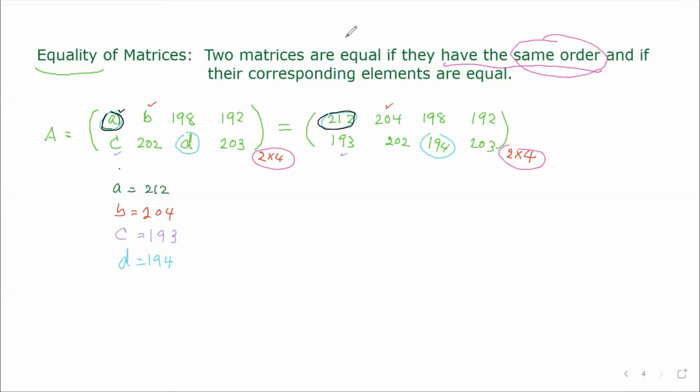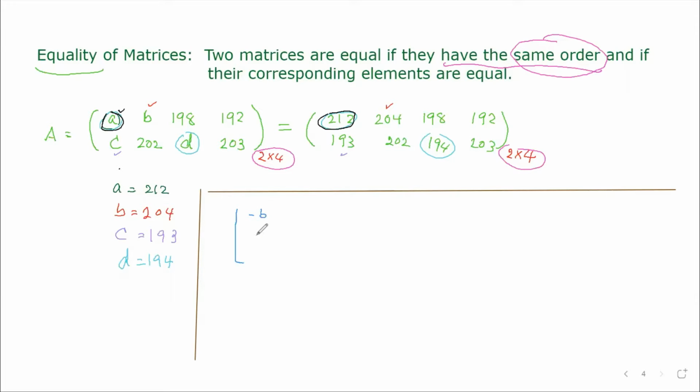But let me give you one more example. I lay down here and separate them. Say I give the matrix, for example, 1, 6, 3, 9 like this.